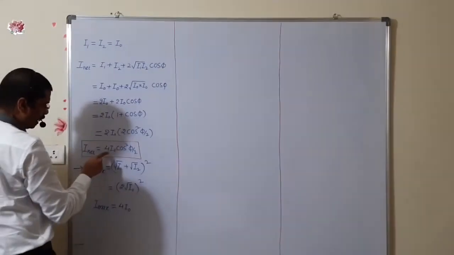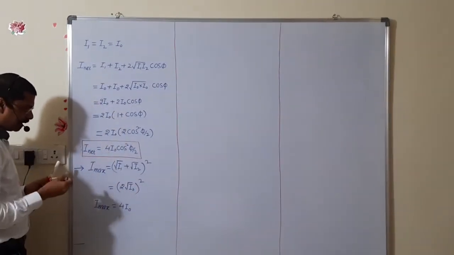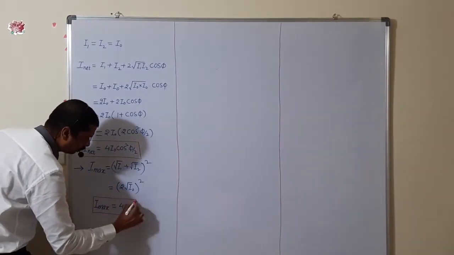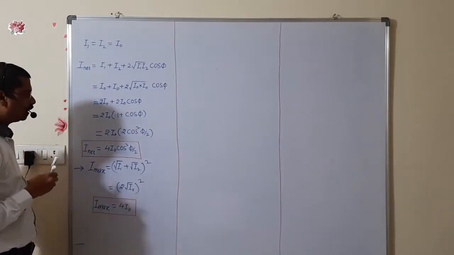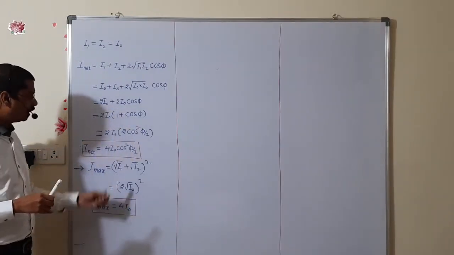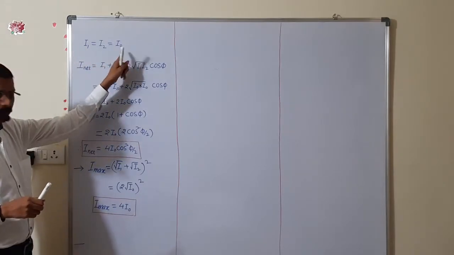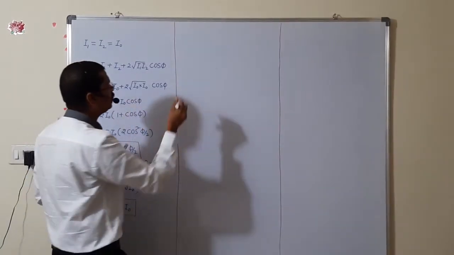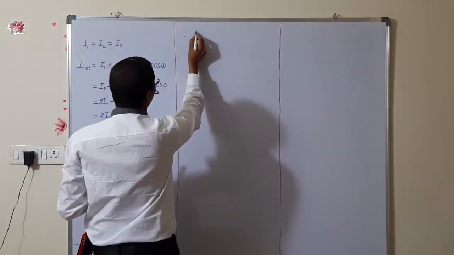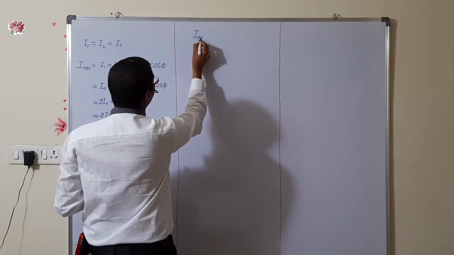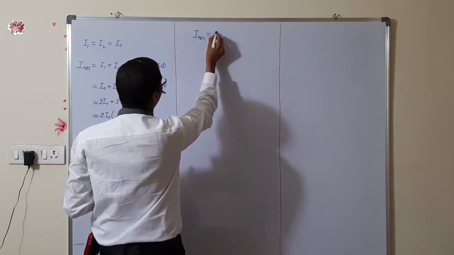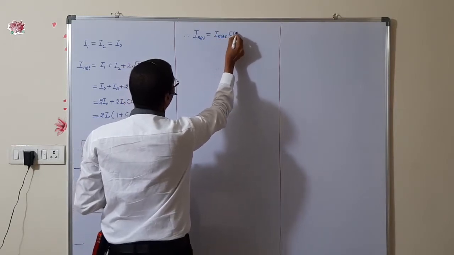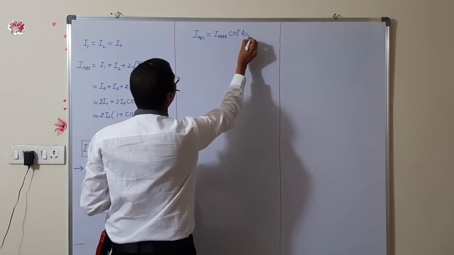In the equation we got, I net is equal to 4 I0 cos square phi by 2. Whenever the two individual waves are identical, 4 I0 is nothing but the maximum. Therefore I net is equal to I max cos square phi by 2.